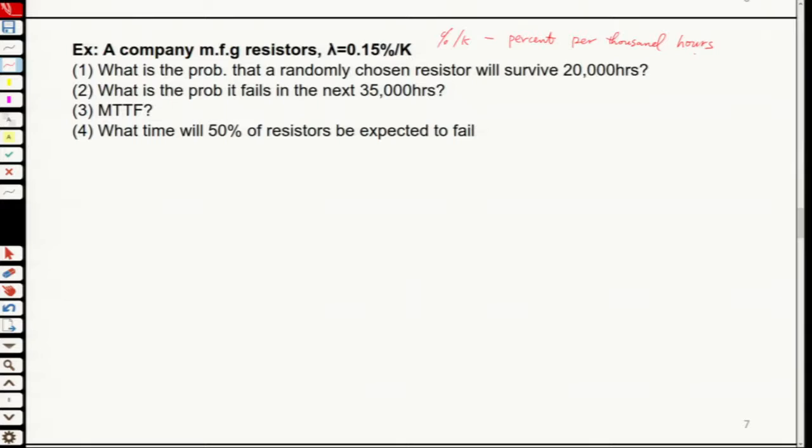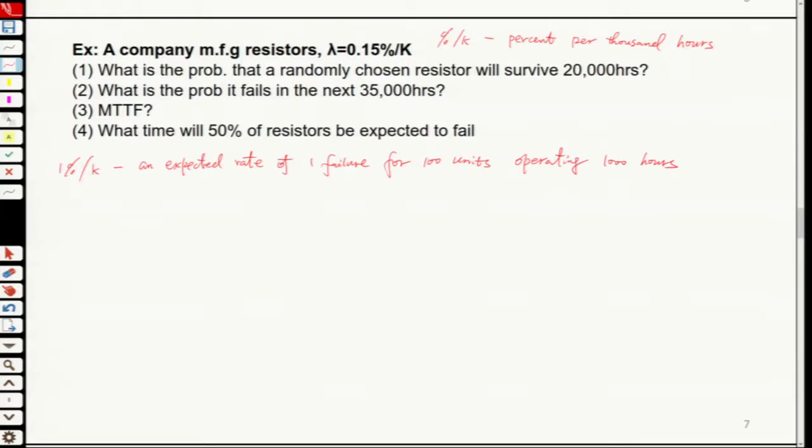And if we have 1% per K, what does this mean? This is actually an expected rate of one failure for 100 units operating 1,000 hours.